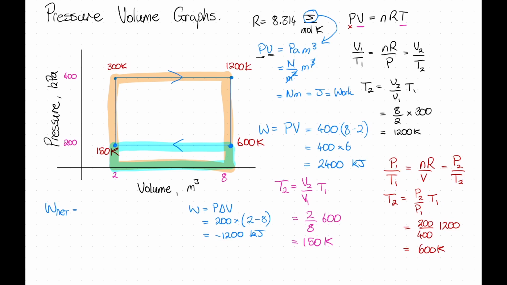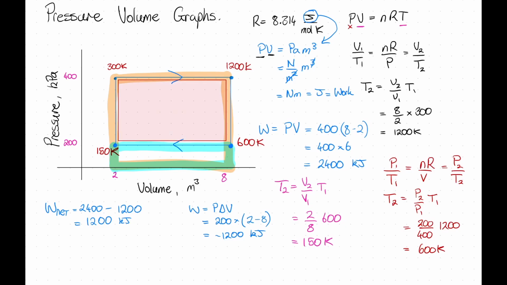So the net work would be equal to the work that we got out of it, so the 2400, minus the work that was needed to provide to it, so 1200 kilojoules worth of energy, and that's going to be equal to 1200 kilojoules worth of energy. It just so happens that that value corresponds to this area inside of the graph.